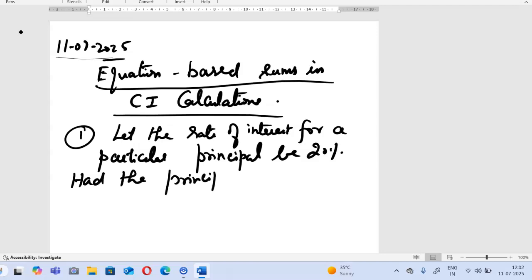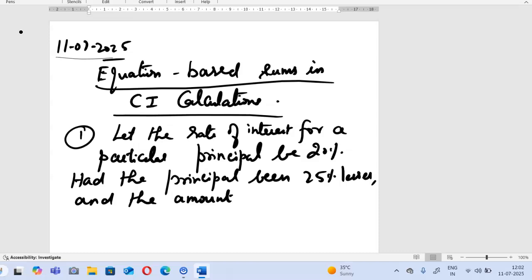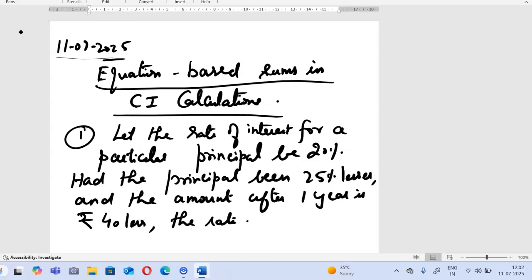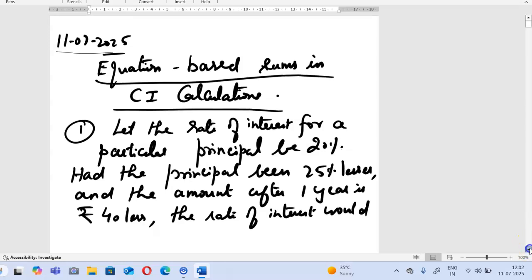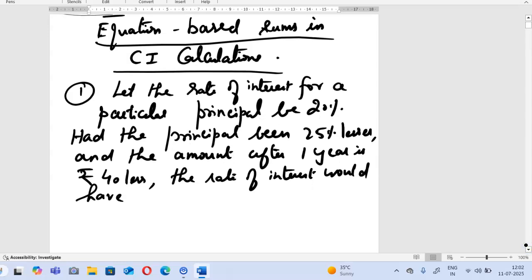Had the principal been 25% lesser and the amount after 1 year is rupees 40 less numerically, the rate of interest would have been 33.33%. What was the original principal?